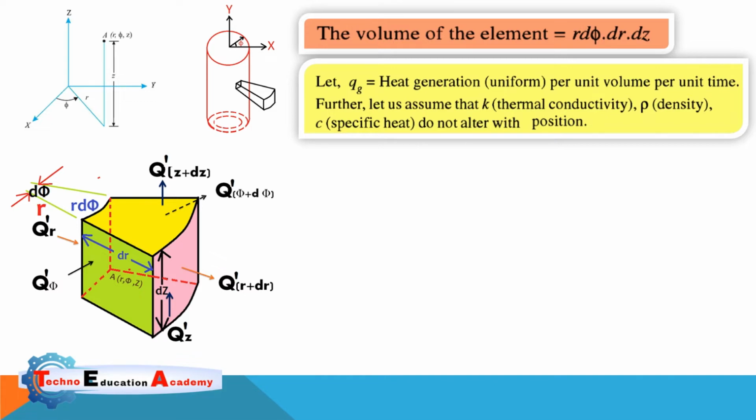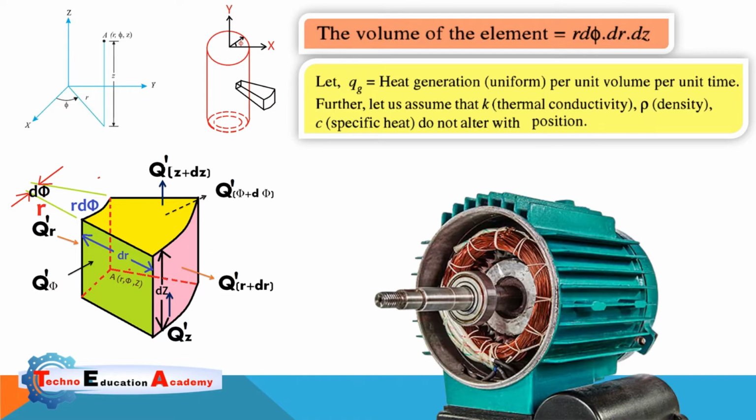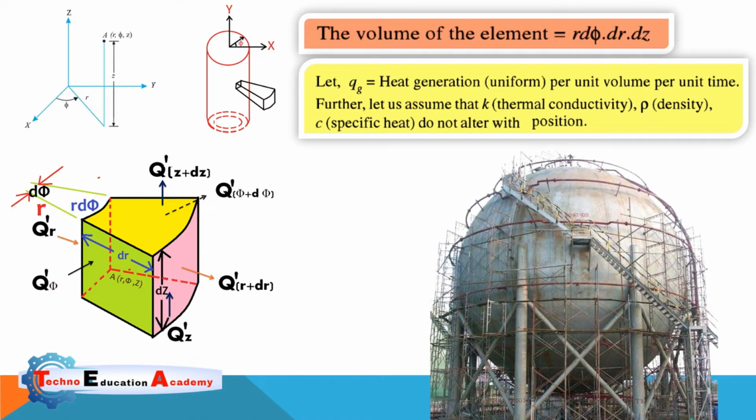In some cases there is internal heat generation, like in an electric motor, where whenever current flows through the copper coil, it generates heat. It is called internal heat generation. Similarly, in a nuclear reactor there is internal heat generation.